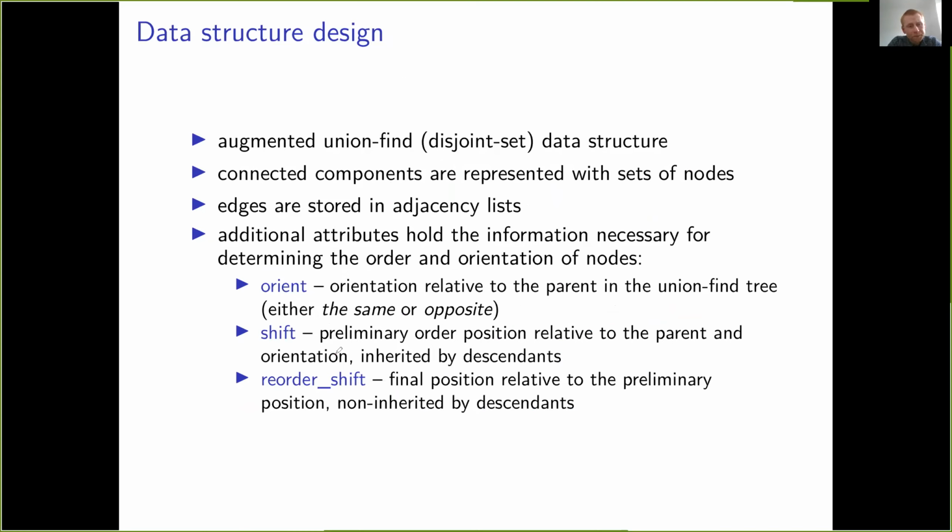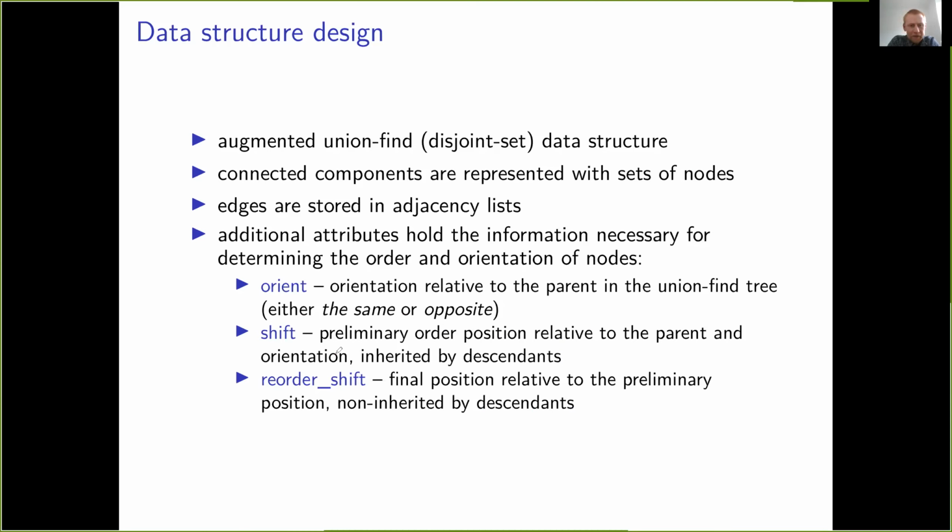Those sets of nodes represent connected components, and moreover we have additional attributes that hold information necessary to determine the order and orientation of the nodes.